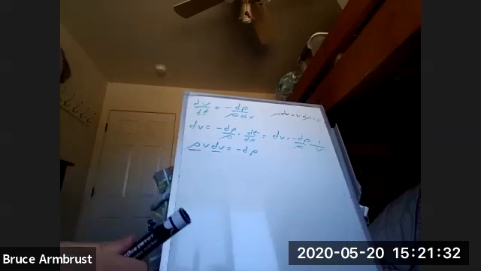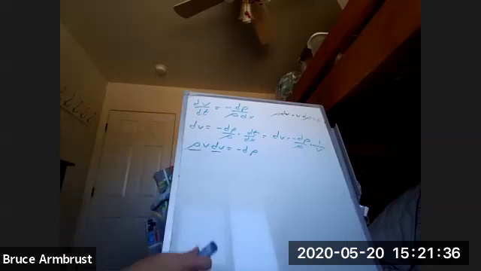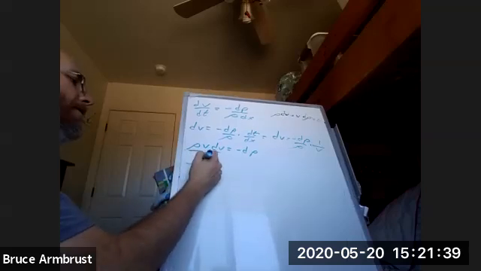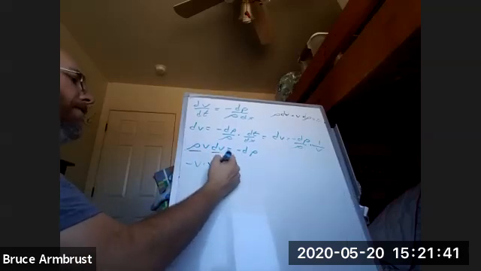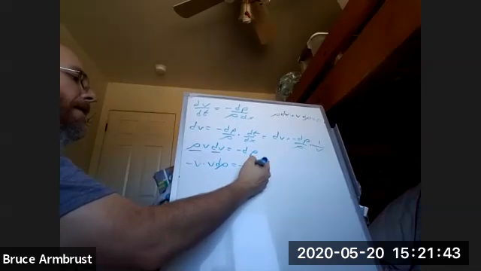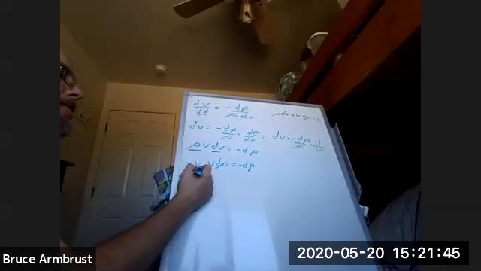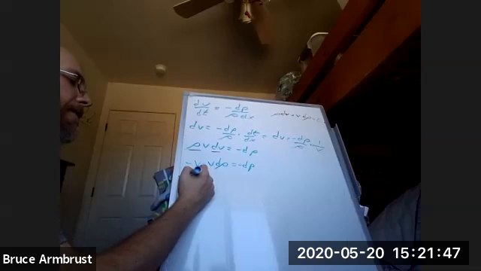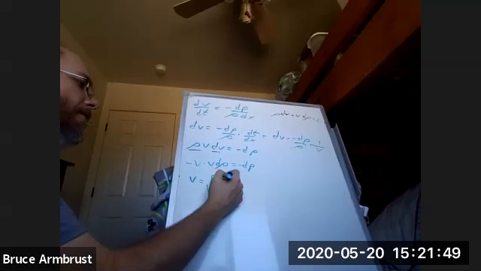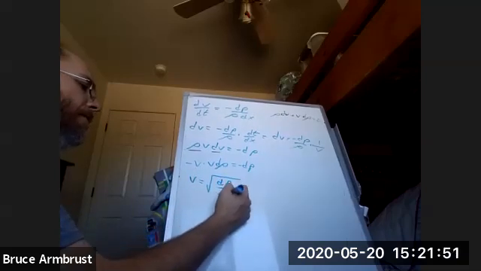I'm going to change that to v d rho. So it's actually a negative v times v d rho is equal to minus dP. So the minus signs cancel, and I get that v is the square root of dP d rho.